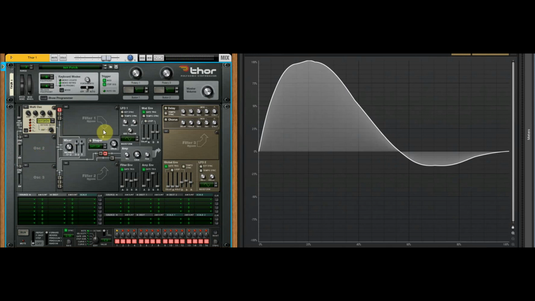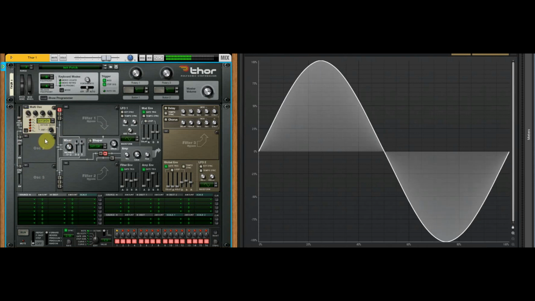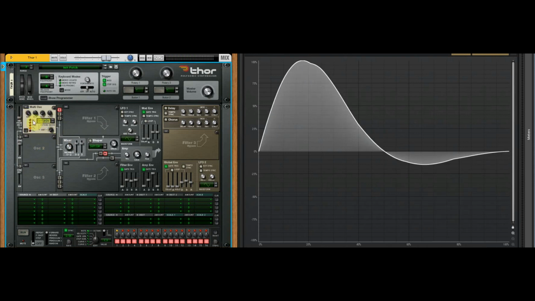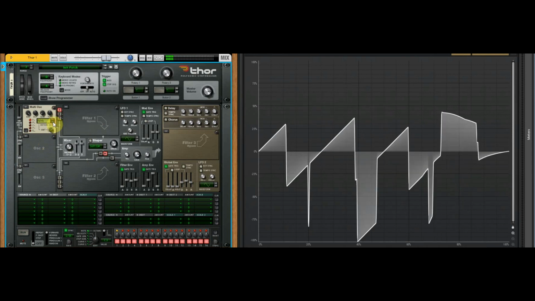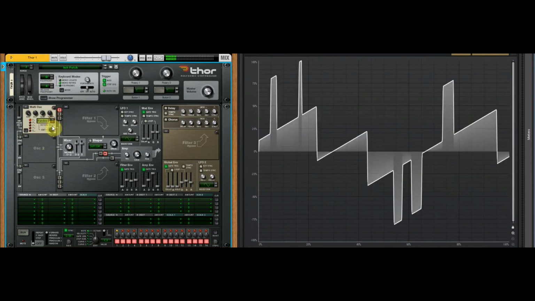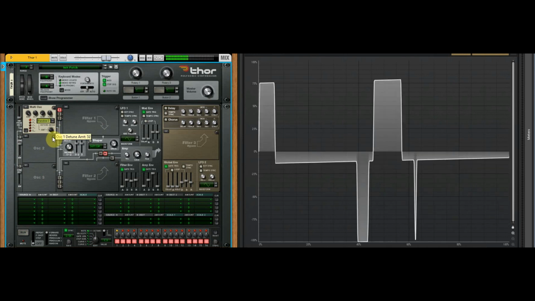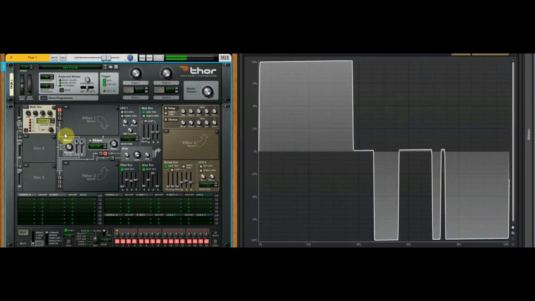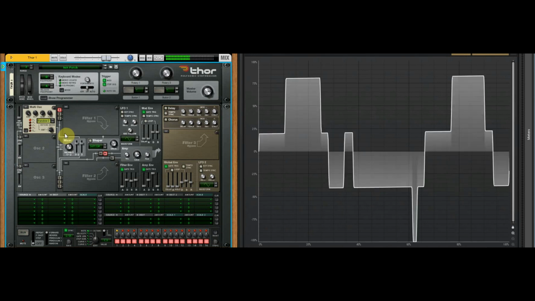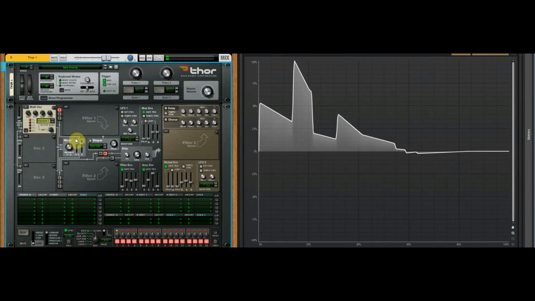So I think this is one of those where there's a couple of things it does that are really obvious for certain types of sounds. It's just ready for an EDM song. And then there's other uses.